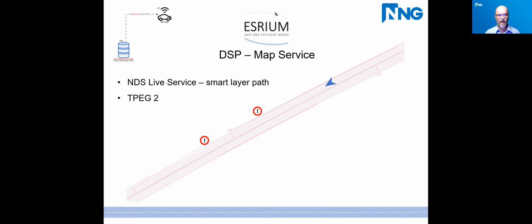While we are doing that, we may do that using NDS Live Service, using the smart layer path methodology. We can provide it as defect 2 for dynamic data. Again, this is only dynamic data, but these are the options for how we can propagate information. And again, this is also something very well specified by industry stakeholders.